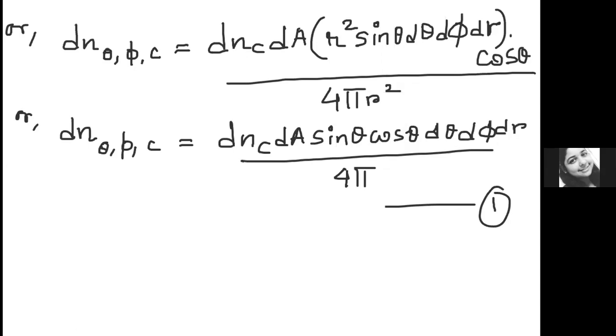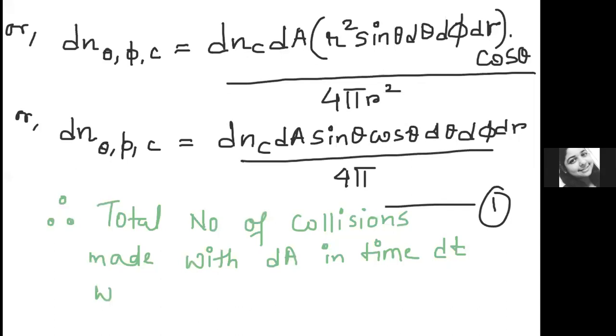Therefore, the total number of collisions made with dA in time dt will be equal to, and since I'm finding the total number of collisions, I'll use integration.